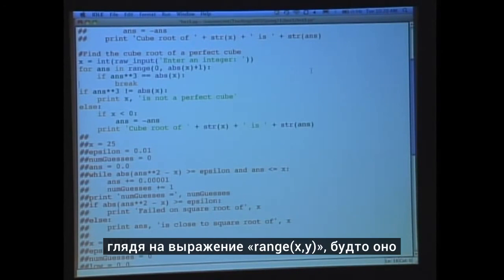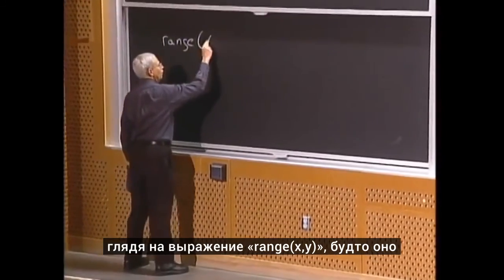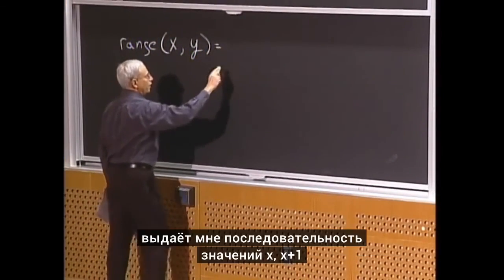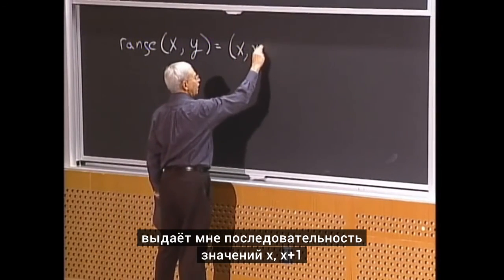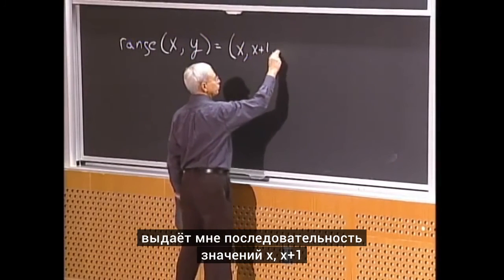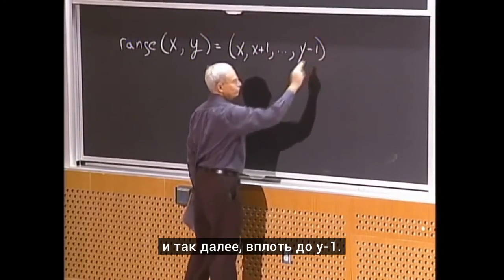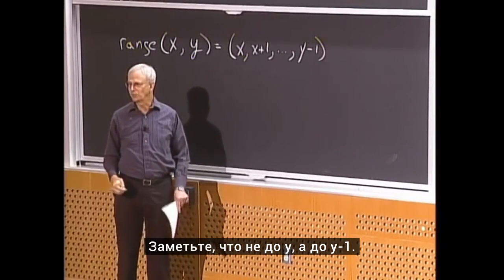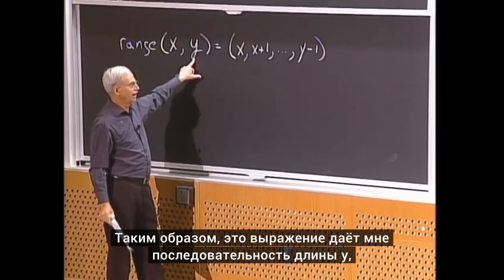What you get is, if you look at the expression range of x to y, that gives me a sequence of values x, x plus 1, up to y minus 1. Notice not up to y, but up to y minus 1.